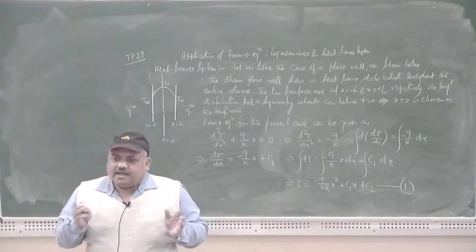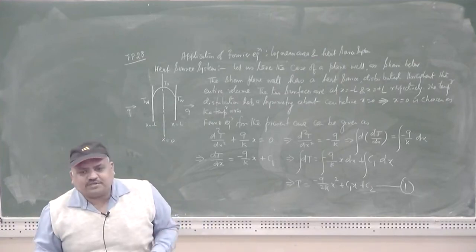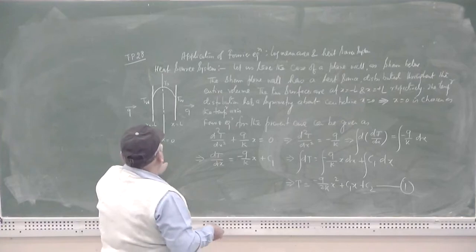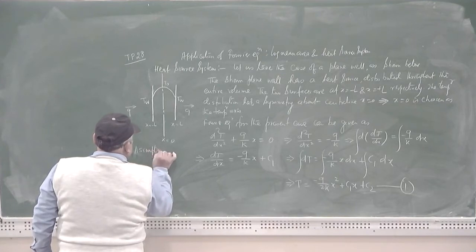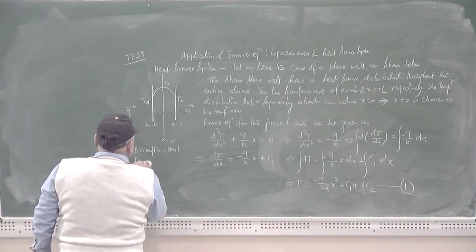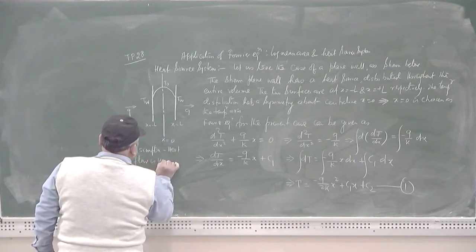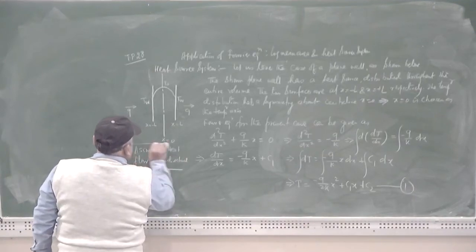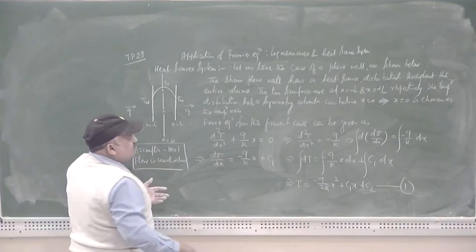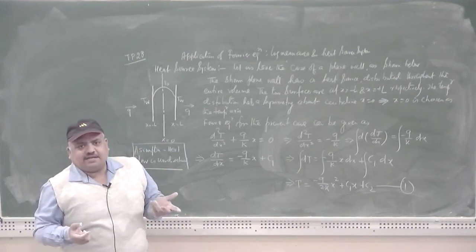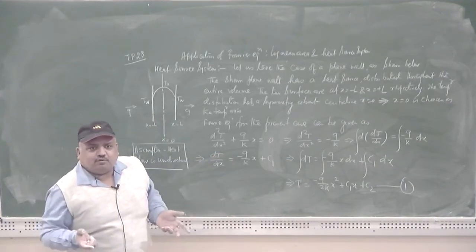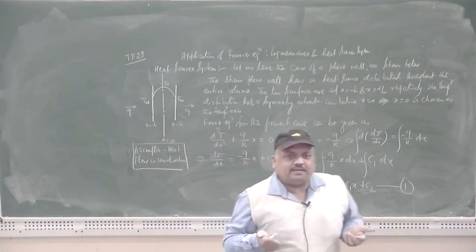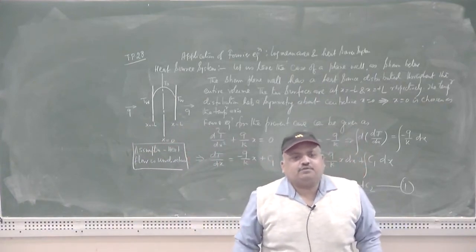Now, as the solution of the differential equation, that is the Fourier equation for the one dimensional case, here you have to assume that the heat flow is unidirectional, because if you are not assuming the heat flow is unidirectional, then instead of this equation you have to utilize del 2 T by del x2 plus del 2 T by del y2 plus del 2 T by del z2 plus q by k is equal to 0.